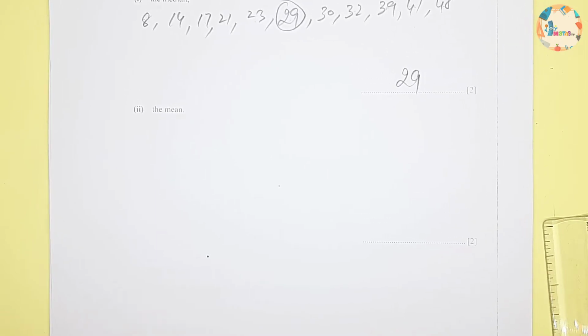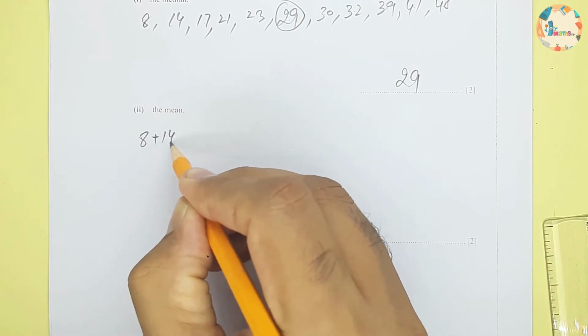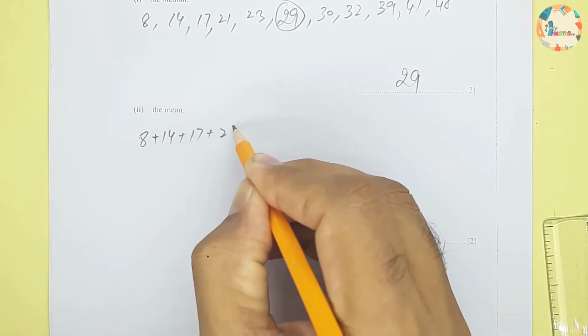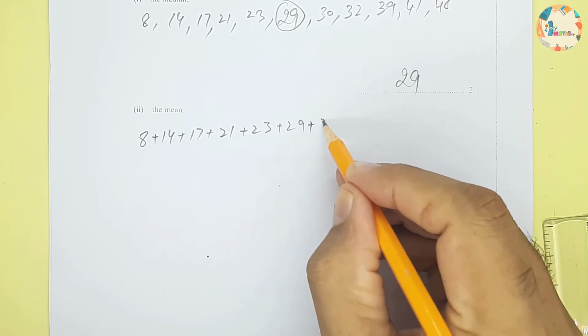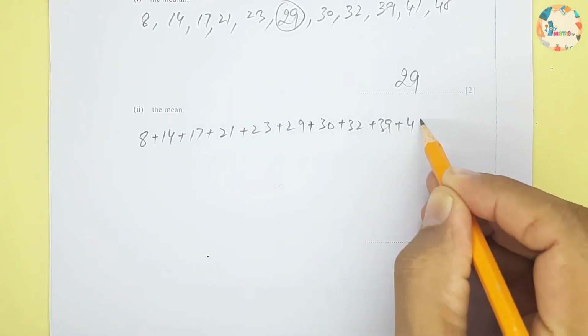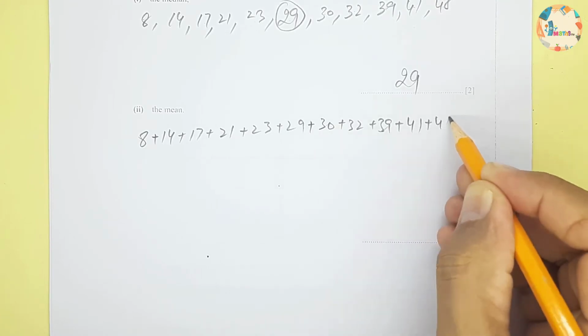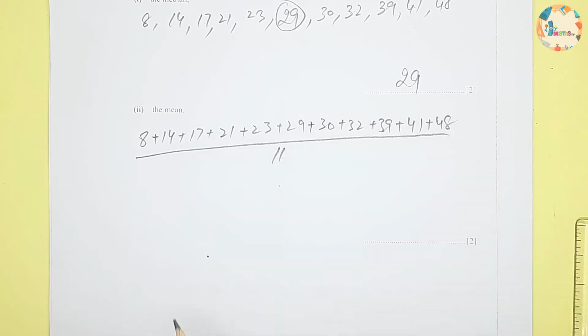Mean will be adding them and dividing by the number of values, so it will be 8 plus 14 plus 17 plus 21 plus 23 plus 29 plus 30 plus 32 plus 39 plus 41 plus 48, and the whole divided by 11.